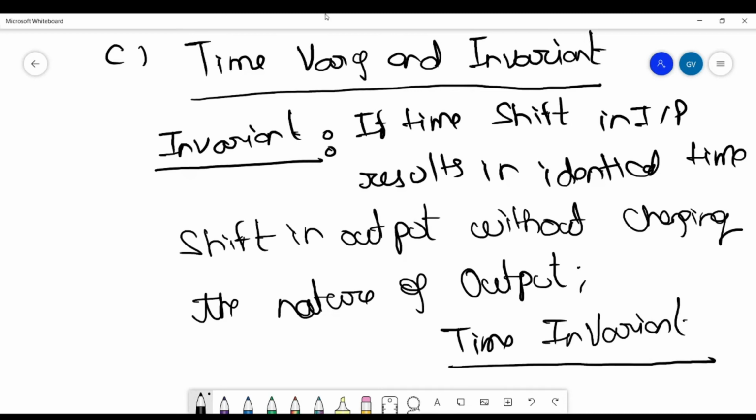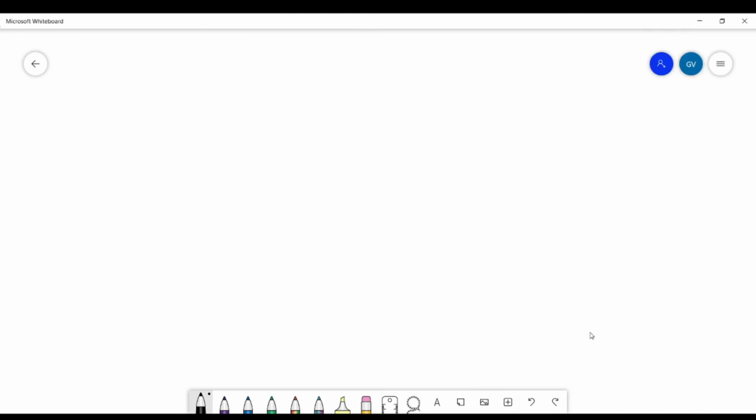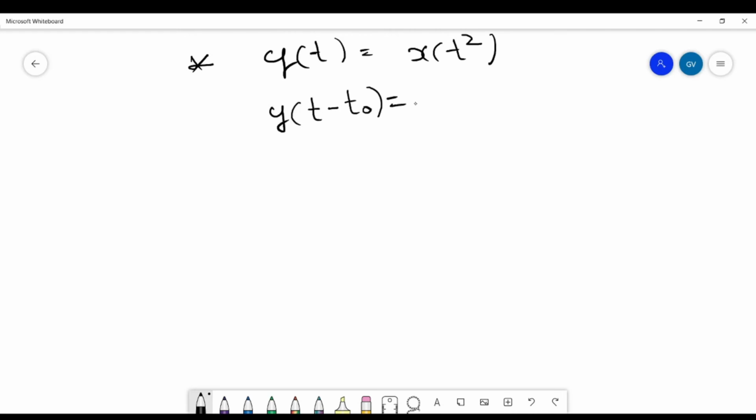Now let's take an example to understand better about time variancy and time invariancy. I'll teach you a shortcut method to easily prove this. Let's take y of t is equal to x of t square. First, I'll make a change in the output. If I shift y of t by t naught, it will be equal to x of t minus t naught whole square. Let's name it as equation number 1.